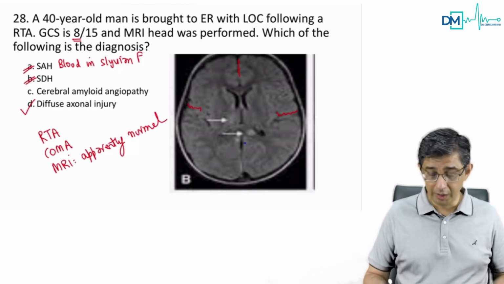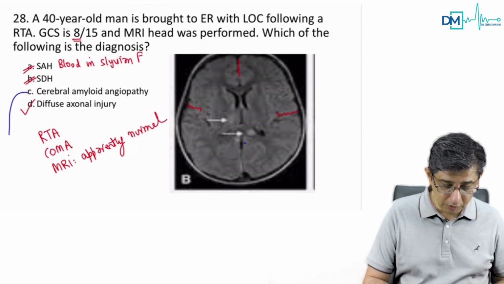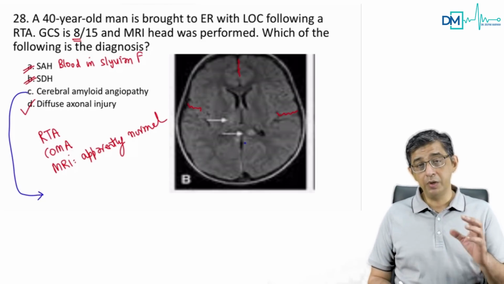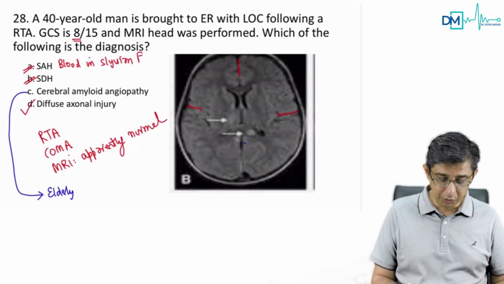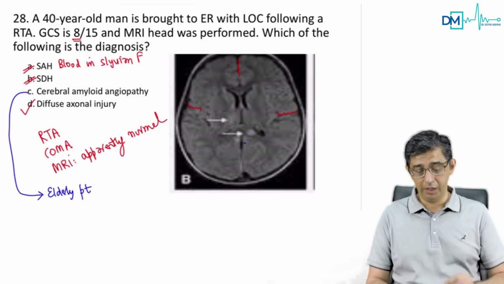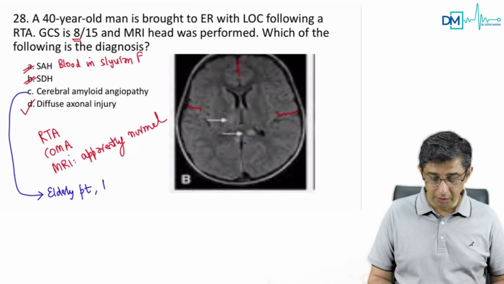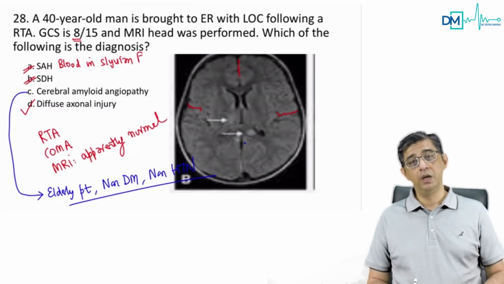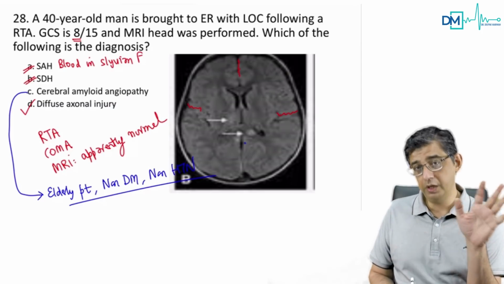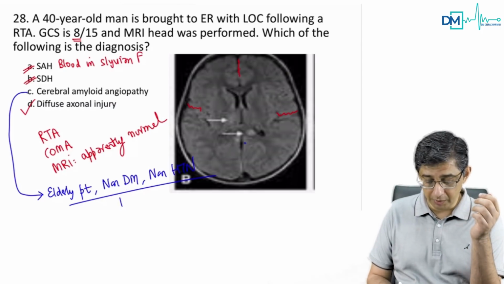And cerebral amyloid angiopathy is a cause of brain hemorrhage, and it is found in old men. How would he put up a question of cerebral amyloid angiopathy? He'll talk about an elderly patient, non-diabetic, non-hypertensive. Like a person was brought into casualty today, an old man. His son is saying, sir, my father is non-diabetic, non-hypertensive, but he still had a brain hemorrhage.